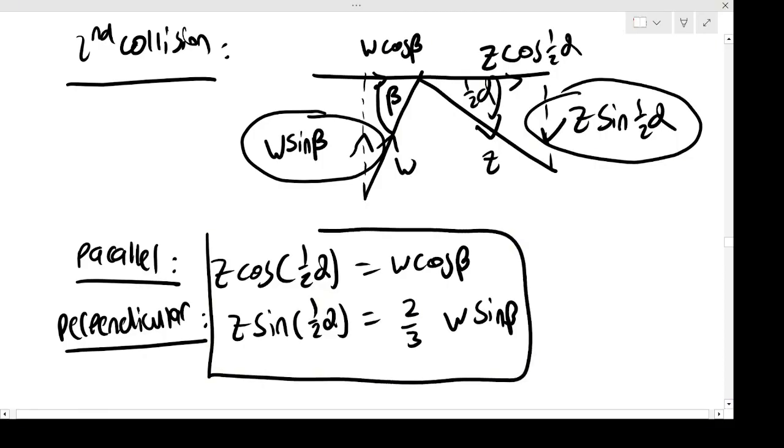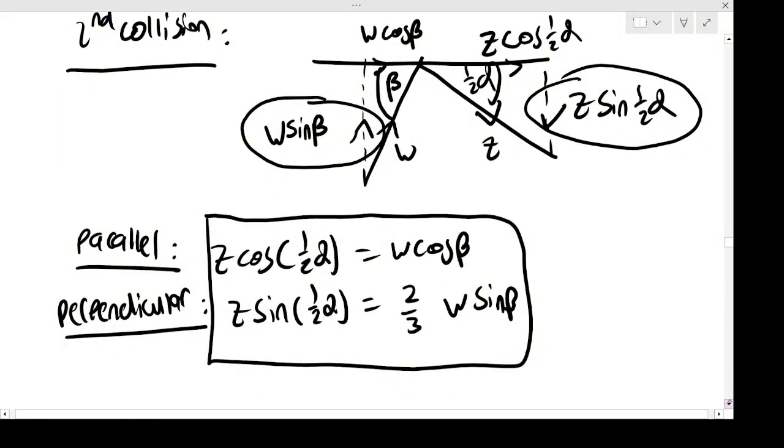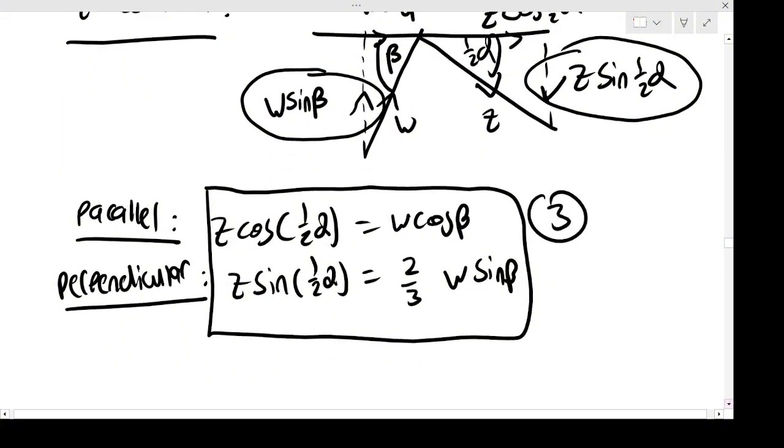And so again, you might be thinking, well, usually we square the equations, right? So if we call this equation 3 and 4, we'd square them, then add them. But we're not going to get Z nicely because the sine and the cos have different coefficients. So we have W cos and then 2/3 W sine.